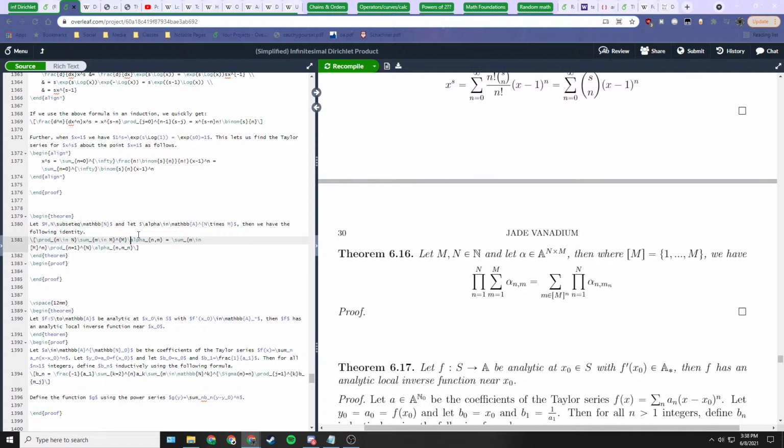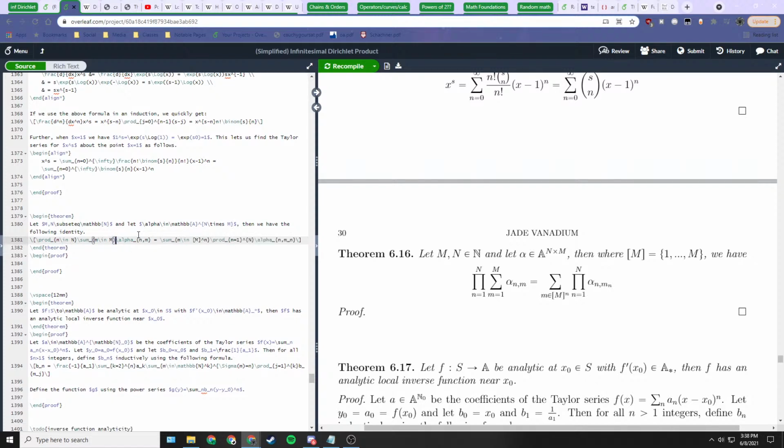What is this? This is math research, actually. We're proving theorems.